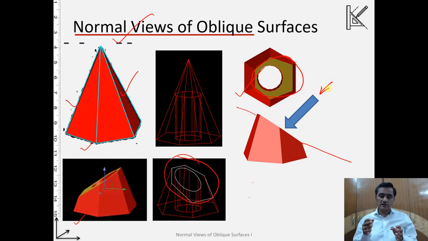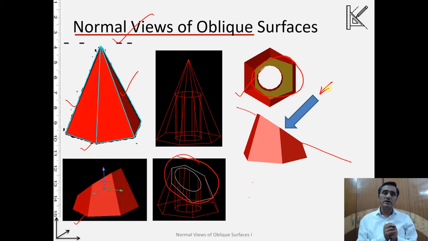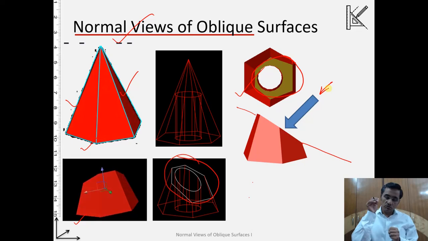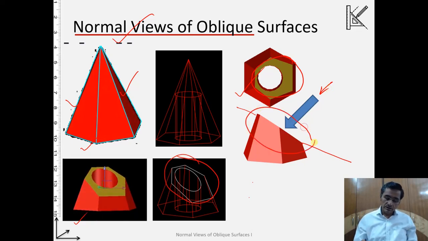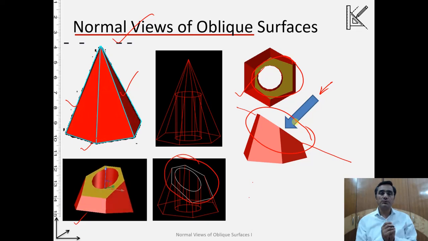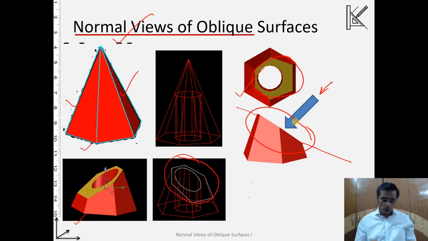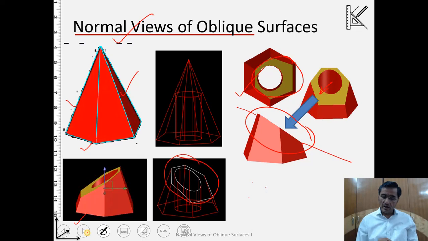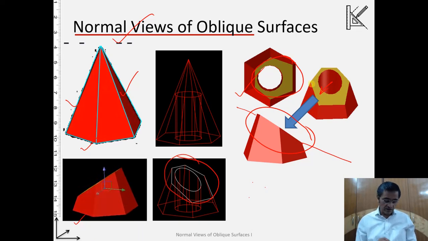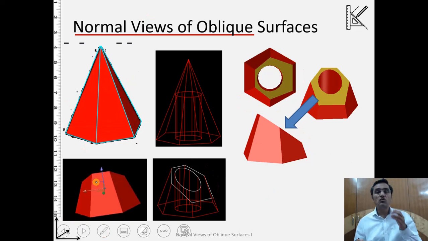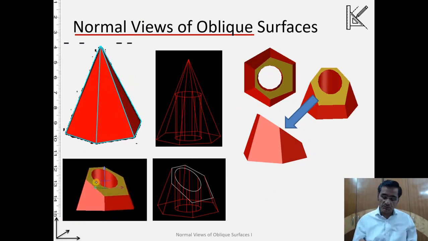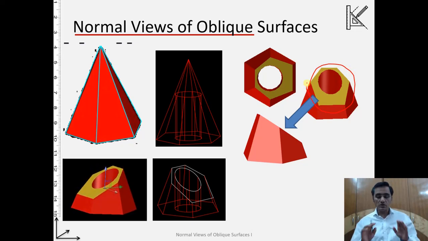If you are looking at that plane perpendicular to it, that is our line of sight, we will be seeing this plane as normal view. So this we do with the help of the auxiliary plane, and then we can generate the auxiliary view or the normal view on the auxiliary plane of that inclined surface. Okay, so all this we understand.